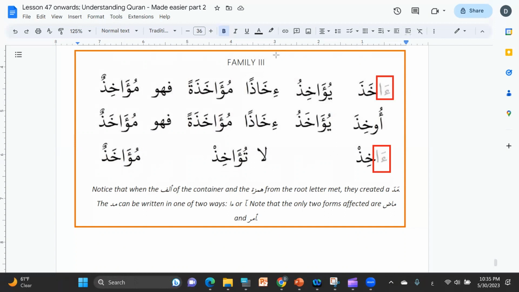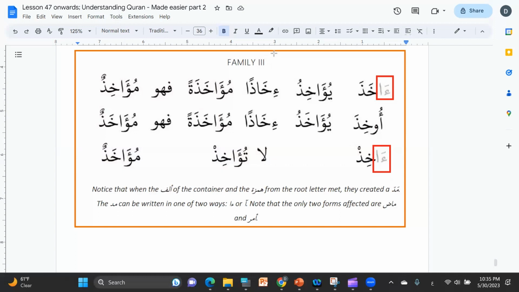Now the next one. This is family 3. So in family 3, when the alif of the pattern and the hamza from the root letter meet in Fi'l Madin and Fi'l Amr, then we put a madda over here.